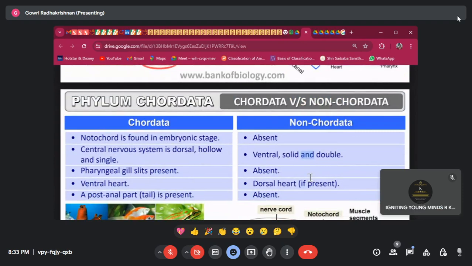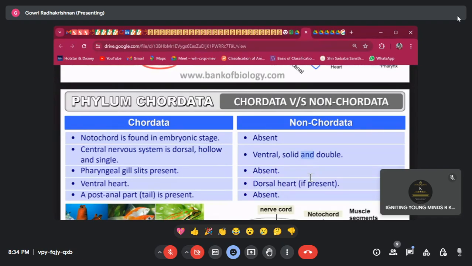Now, the difference between phylum chordata versus non-chordata. Chordata, what is the distinguishing feature? Notochord is found in the embryonic stage. Non-chordata, it is absent. Then central nervous system is dorsal, hollow and single. Non-chordata, ventral, solid and double. And then pharyngeal gill slits present.